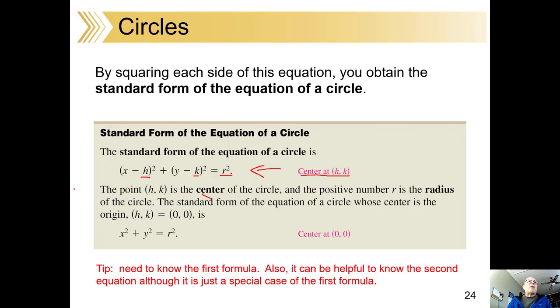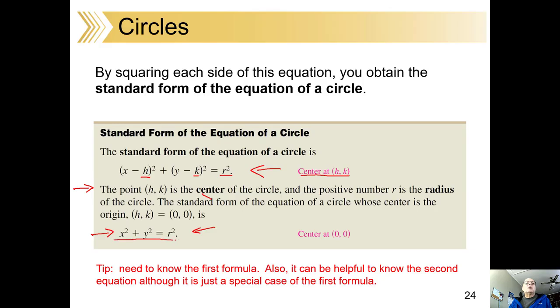Now the second part of this special rectangle of information says if the point for the center is actually at the origin, then the equation of this circle becomes x squared plus y squared equals r squared. Well, this might be handy to remember, because that is a special one. You don't have to put the 0 in there and clean it up.